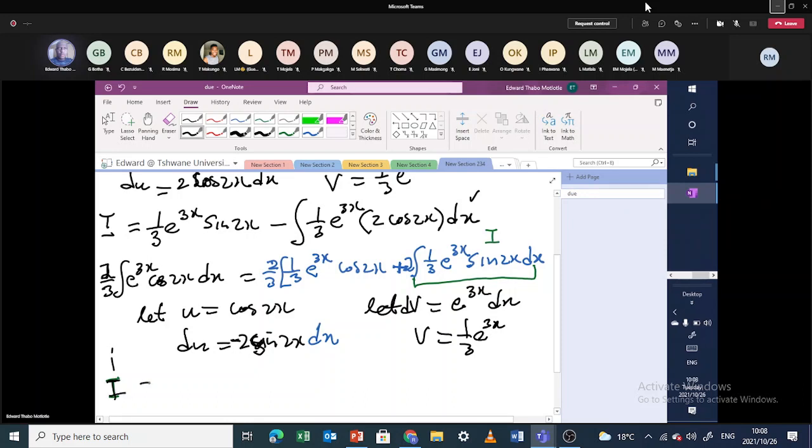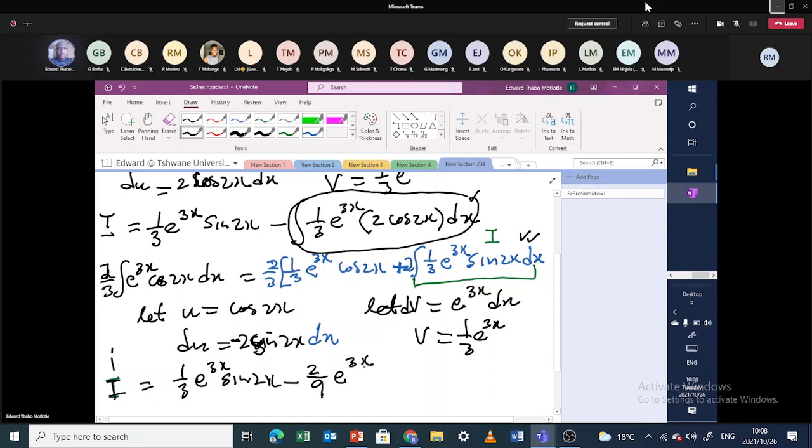I is equal to 1 over 3 e to the power 3x sine 2x minus. Now for this integral here, I'm going to replace it by this one here, the blue one. So it's going to be 2 over 9 e to the power 3x cos 2x. Now let's multiply, I must close the bracket here.